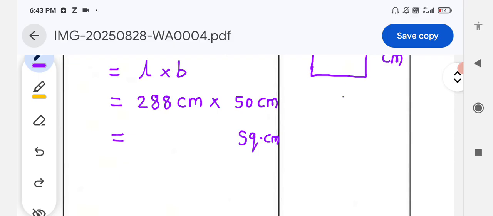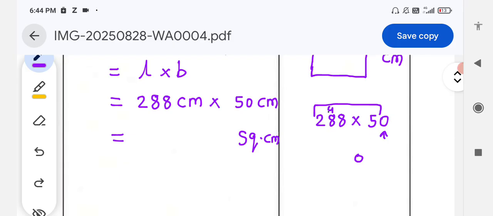How do we do that? Let us do that in the rough work. 288 into 50. Ending 0, you can just close it. 5 8s are 40, 4 carry, and 0 comes here.